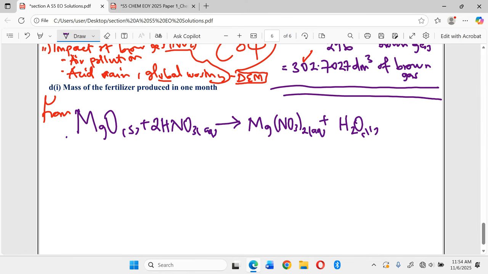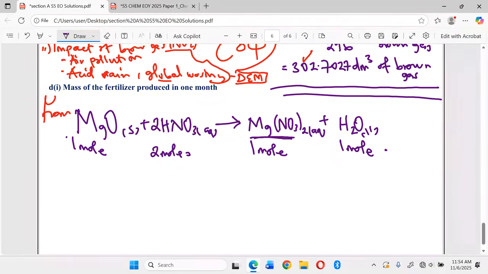So they are looking at the amount of fertilizer which will be available in a month. So when you interpret this, this is 1 mole which is reacting with 2 moles of nitric acid to produce 1 mole of fertilizer and 1 mole of water.